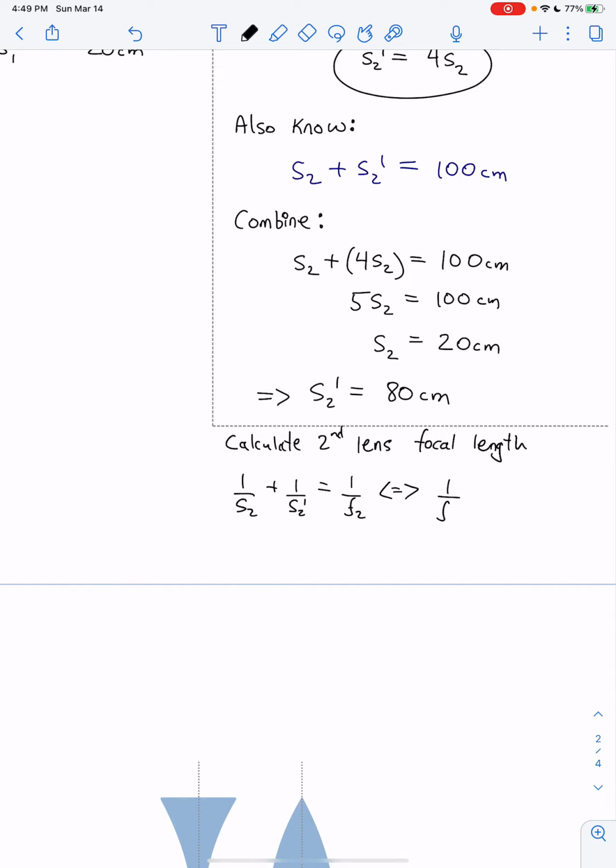So 1 over F2 is going to be equal to 1 over 20 centimeters plus 1 over 80 centimeters. And so that gives us an F2 value that's equal to 16 centimeters.